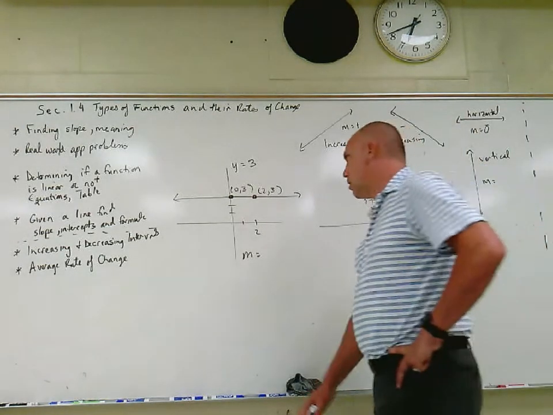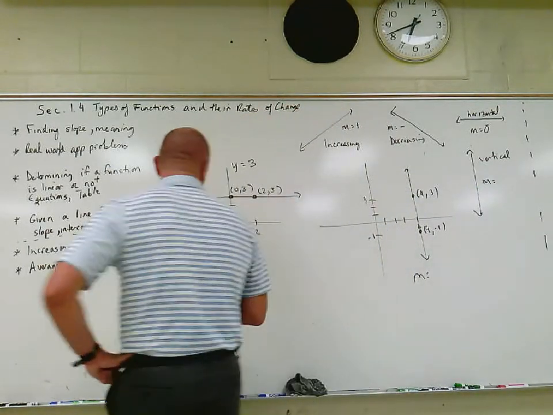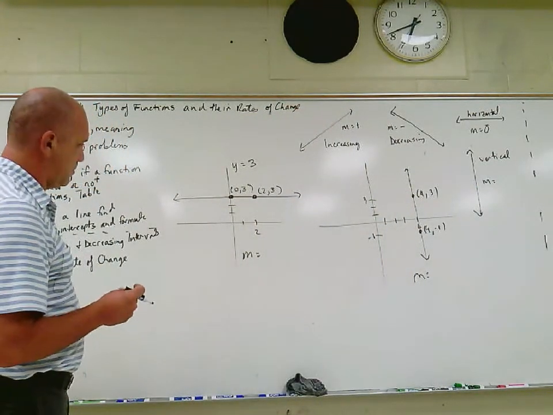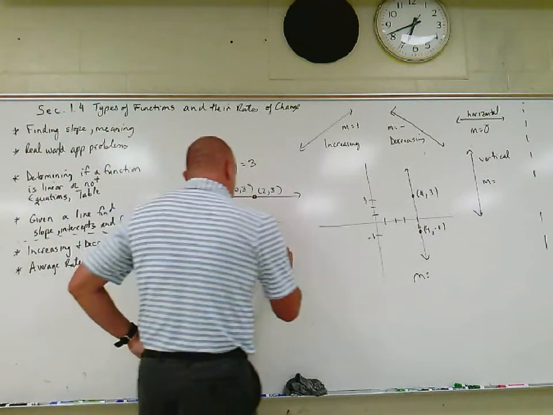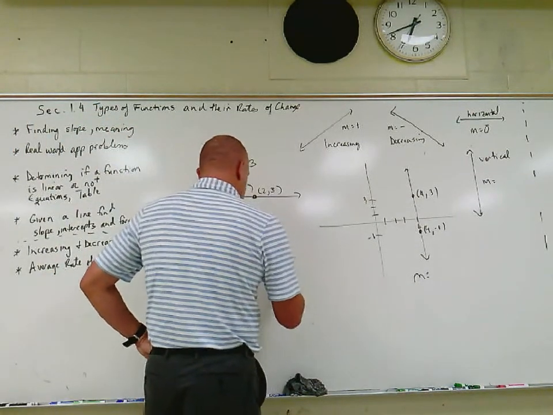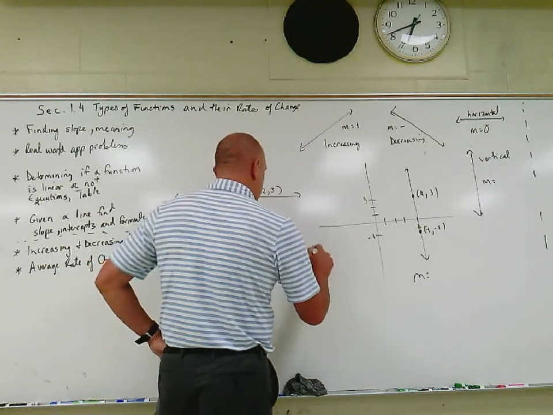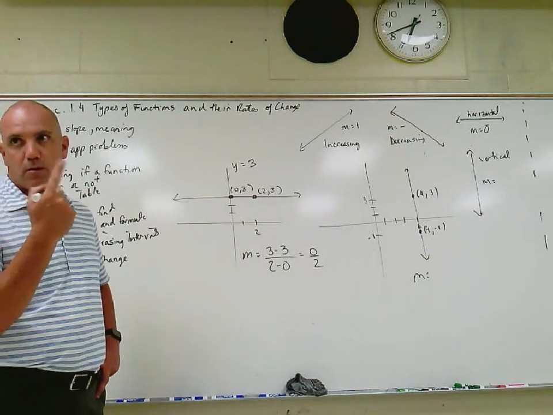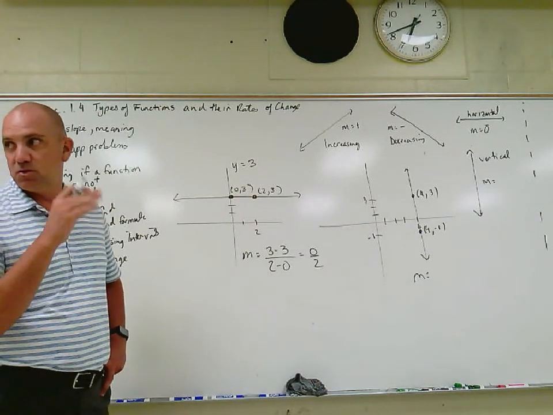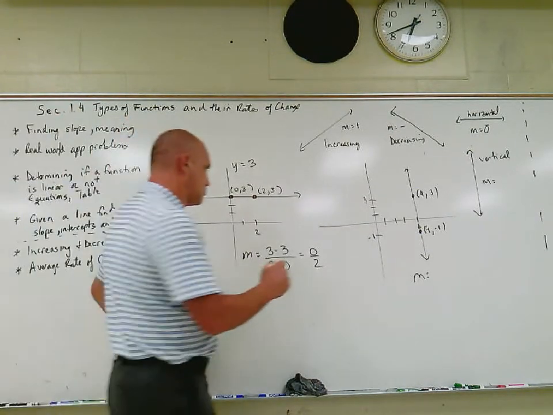So, all right, Hank, when you go on the horizontal line to do slope, what do you write? 3 minus 3 over 2 minus 0. So you get 0 over 2. So anytime you get a 0 in the top, in the numerator, it's just 0 is the answer. So 0 over a non-zero number, the answer is 0.